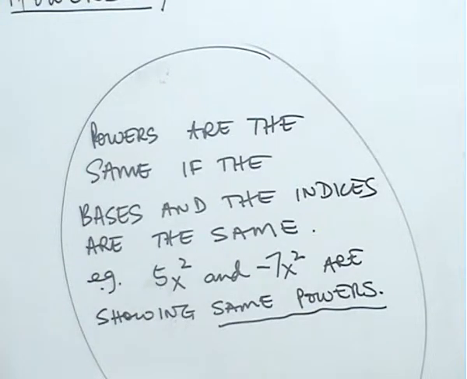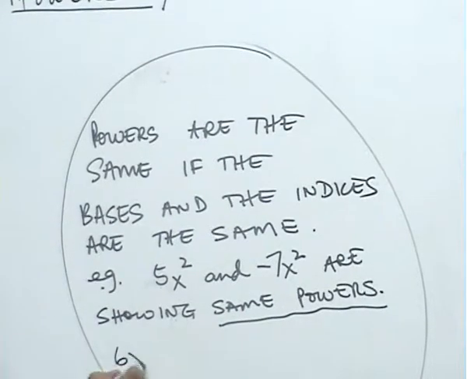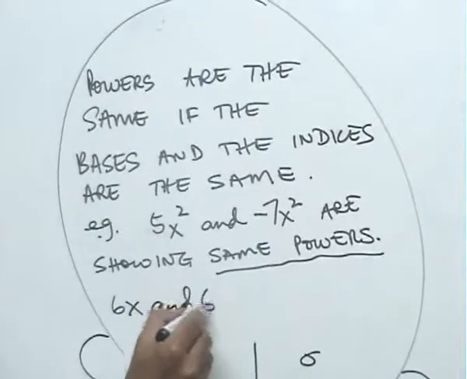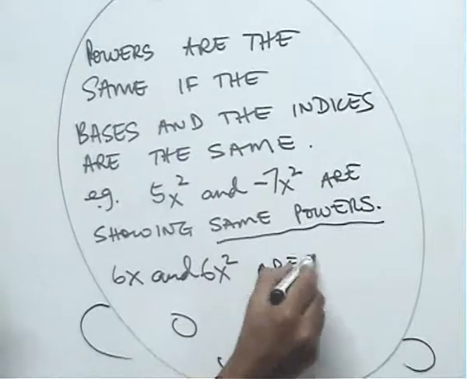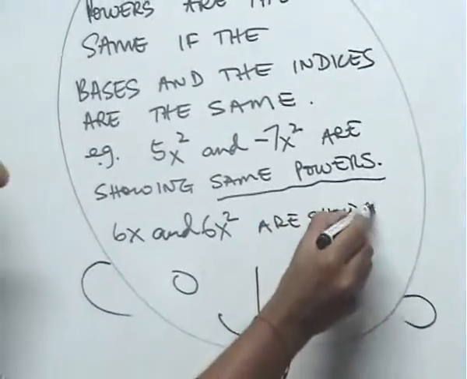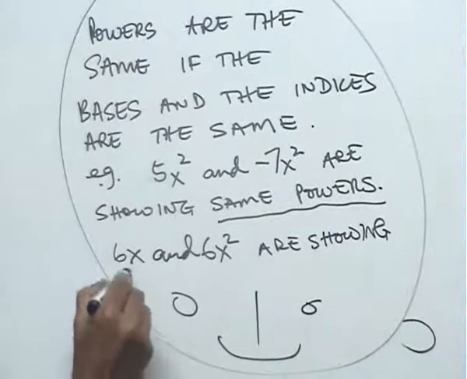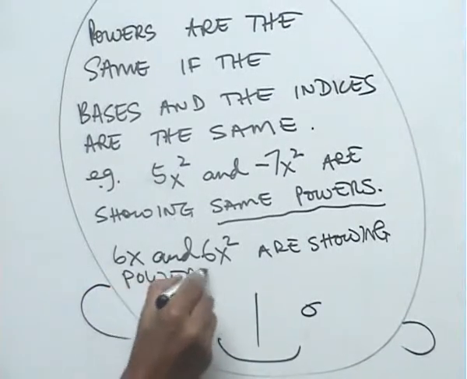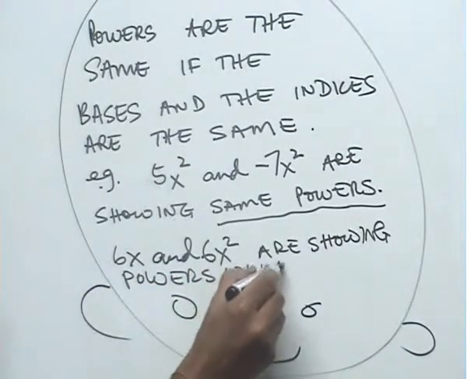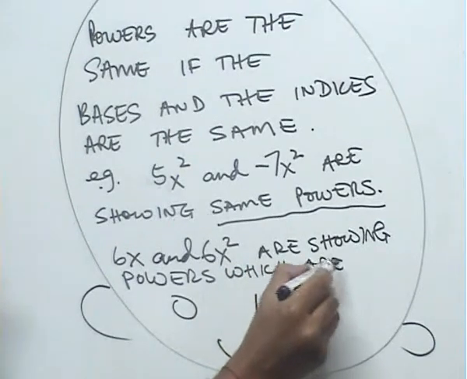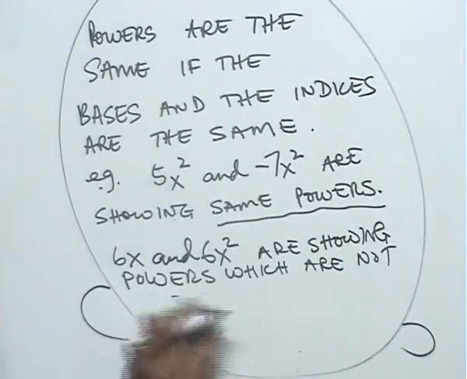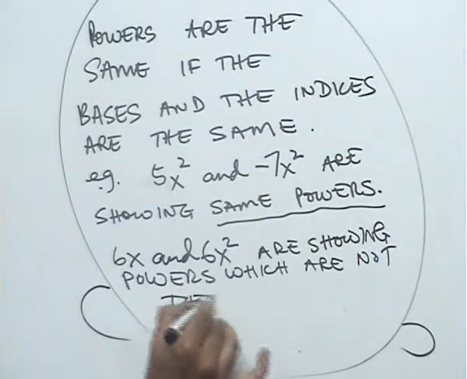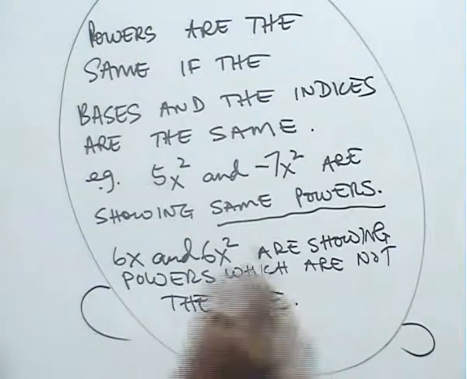So, it might be better then to just do one more example and say 6x and 6x squared are showing powers which are not the same.